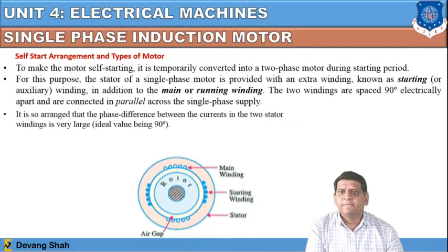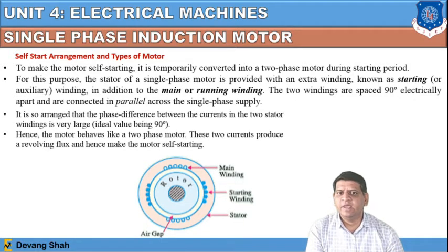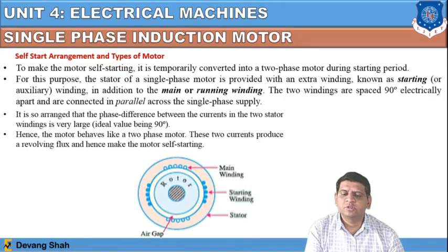It is arranged so that the phase difference between the currents in the two stator windings is very large, ideally 90 degrees. Hence the motor behaves like a two phase motor, and these two currents produce a revolving flux and make the motor self starting. So the initial self start would be provided by the auxiliary winding.